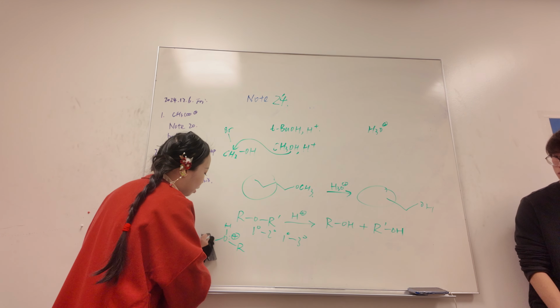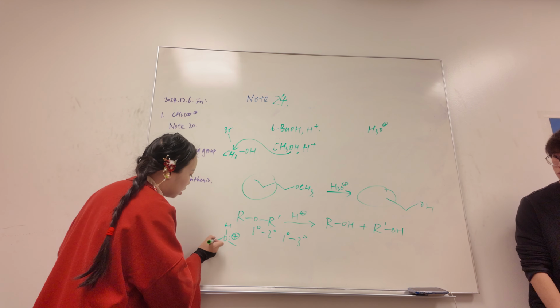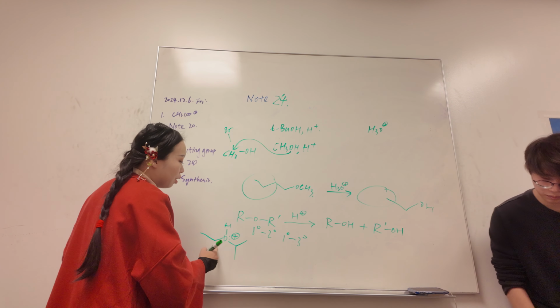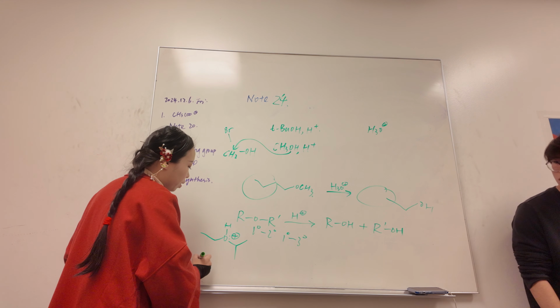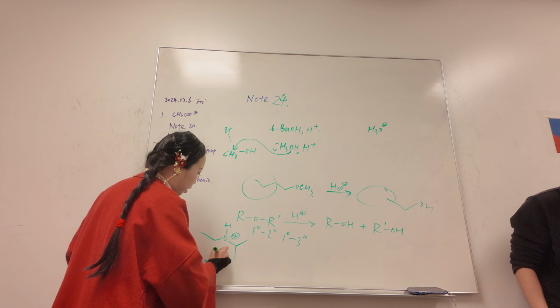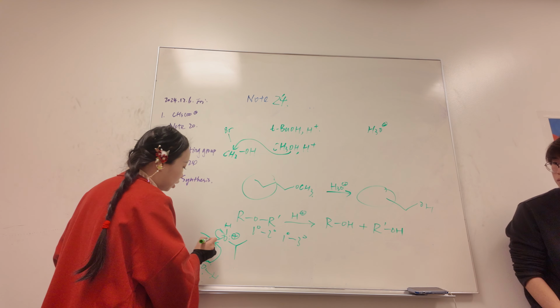It depends on what you have. If this side is primary or secondary, in today's notes we said it's going to do SN2. So ROH is going to attack here, SN2 on primary.